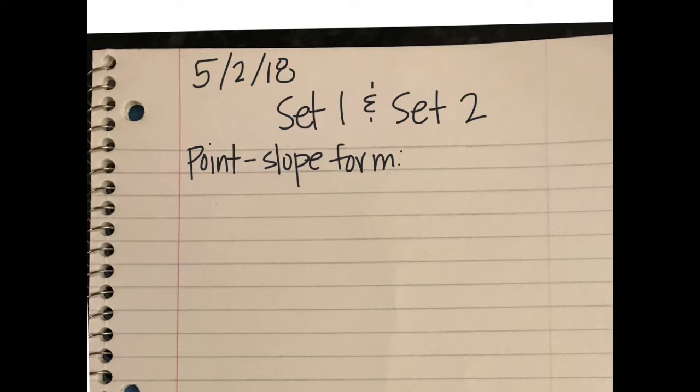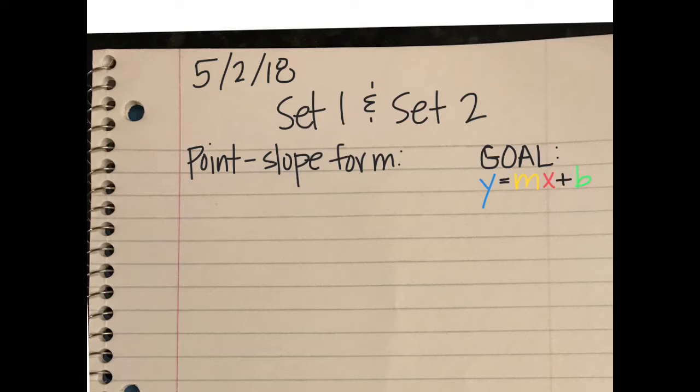So when we were doing this work earlier, before the MCAs, we would write that our goal in the end was always to get our equation to look like y equals mx plus b, right?